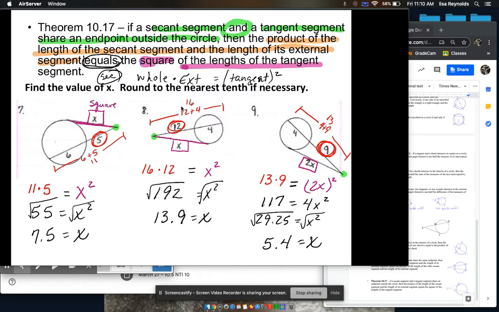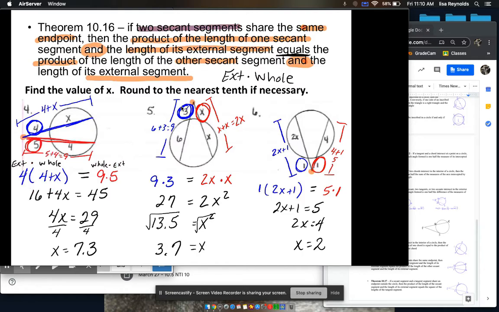So for the secant, it's the whole times the external equals the tangent squared. If you have two secants, you do the external times the whole thing for both of them and set it equal. So the external times the whole equals the external times the whole for each one. So this is the first one and the second one.